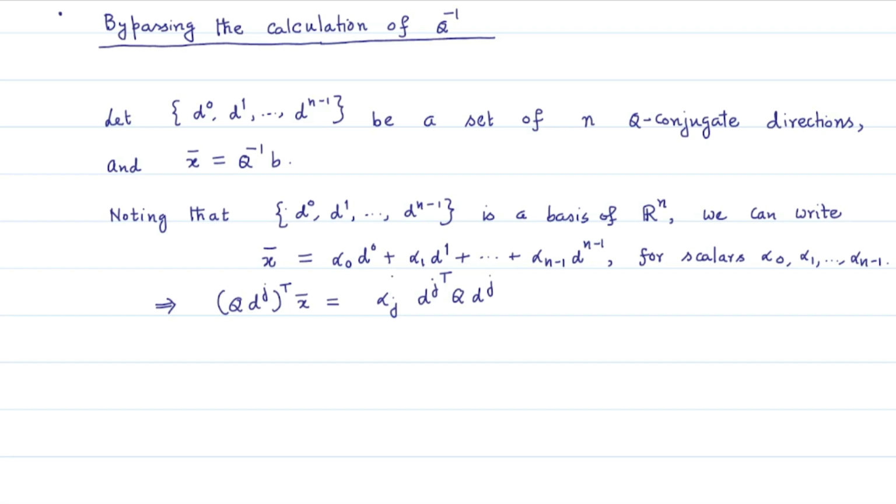Because this set of vectors d naught, d1 till dn minus 1 is a set of q conjugate directions, and hence we get here that alpha j is given by dj transpose q x bar divided by dj transpose q dj. This will be true for every j 0, 1, 2 till n minus 1.